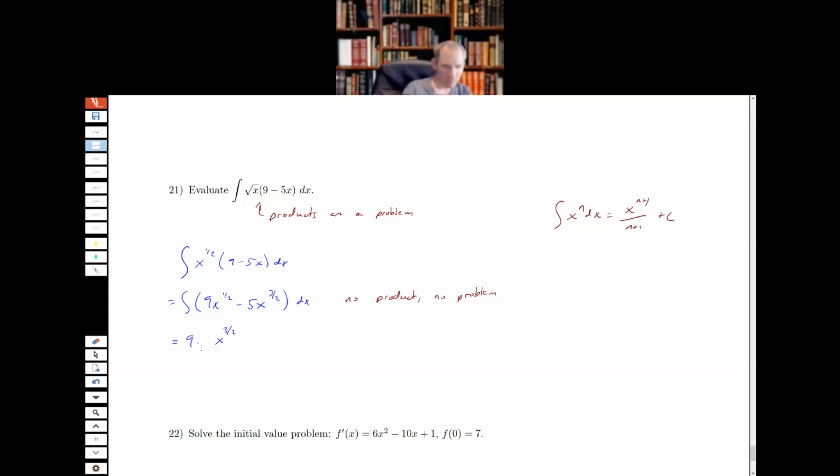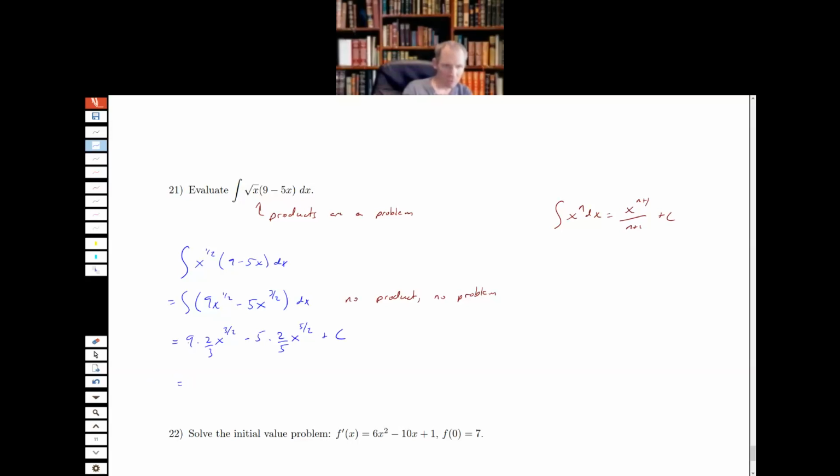I add 1 to the power, so I'll have 3 halves. I can write divided by 3 halves. I prefer to write times 2/3 because that's the same thing, but then I don't have multiple layers of fractions. Constant multiple -5 hangs out. For the x to the 3 halves, I add 1 to the power, so it'll be 5 halves. Divide by the new power, or multiply by its reciprocal, 2/5.